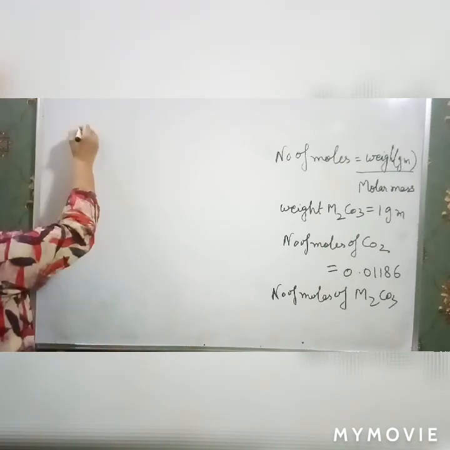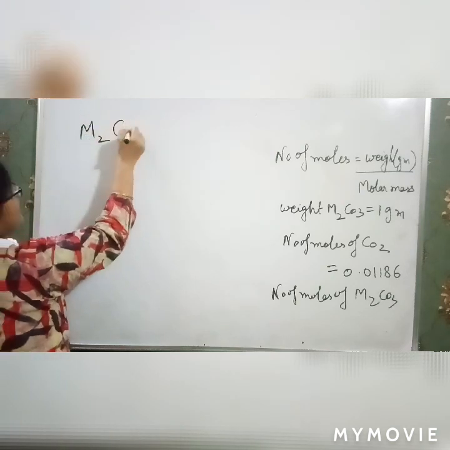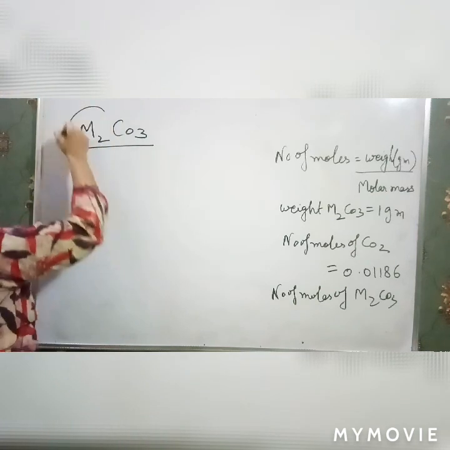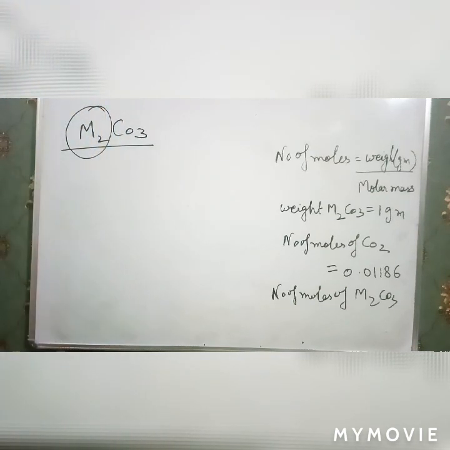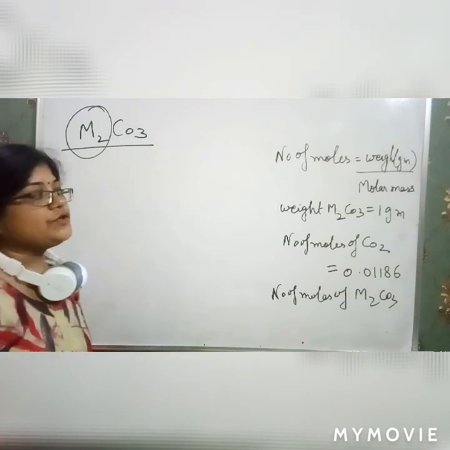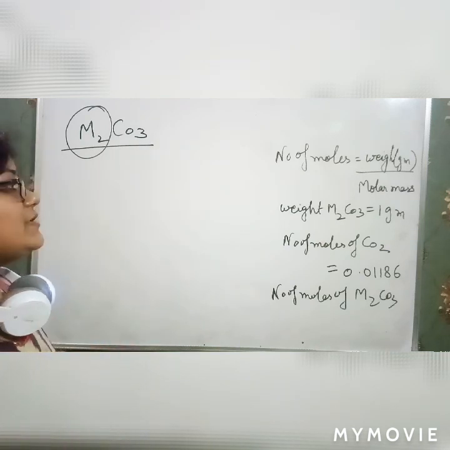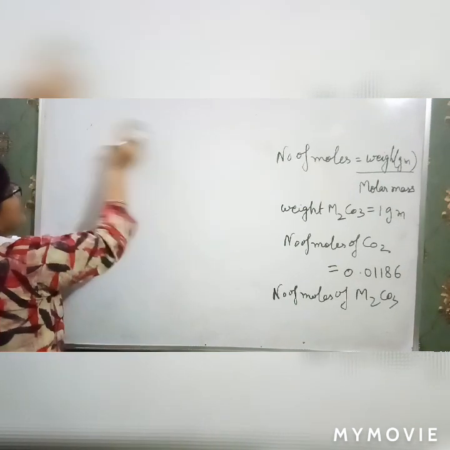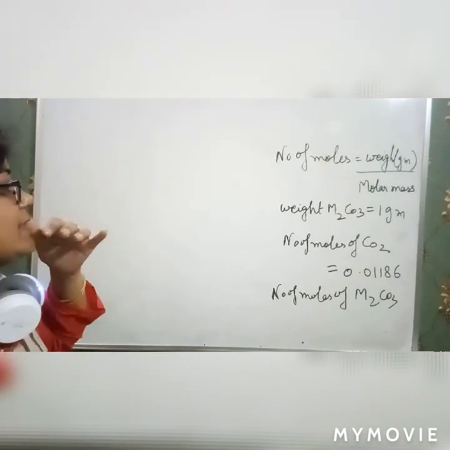And second thing more, there is a compound, it is written M2CO3. So we don't know what is the molecular weight of M2, because this is just a symbol. So how do we solve these types of questions and find the number of moles? You just write firstly the chemical reaction which is going to take place.